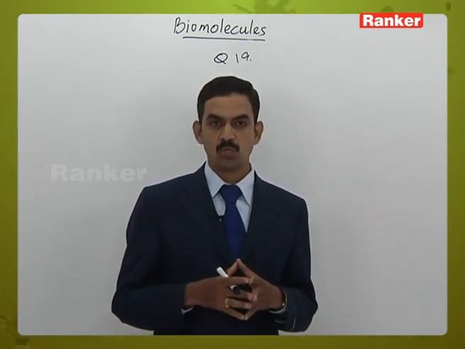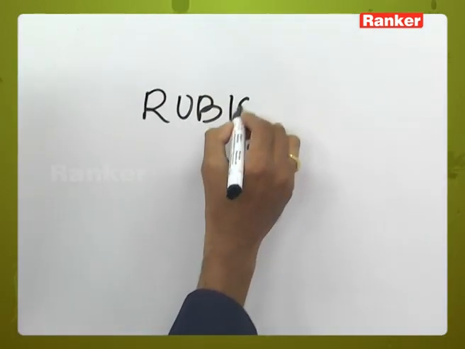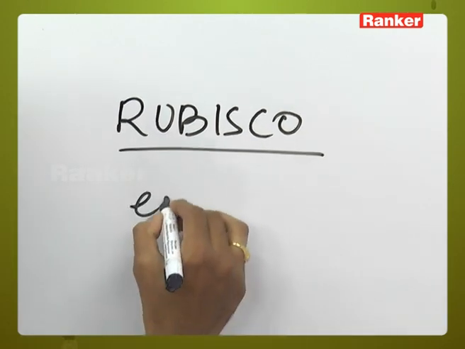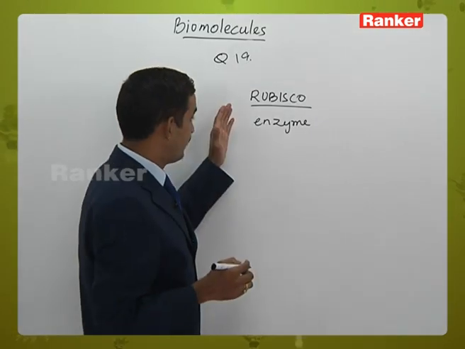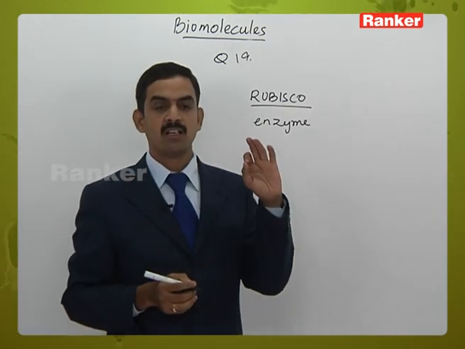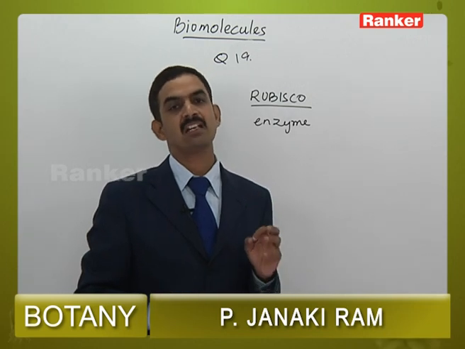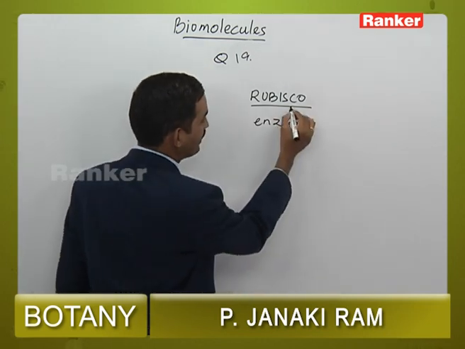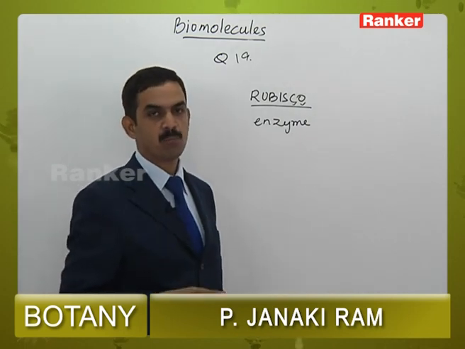And Rubisco is the most important enzyme of photosynthesis. This is an enzyme which helps in the first reaction of the C3 cycle. So it has both properties, the carboxylation property and the oxygenation property.